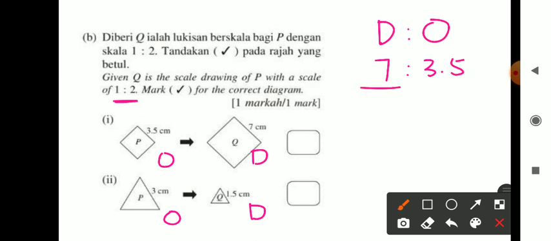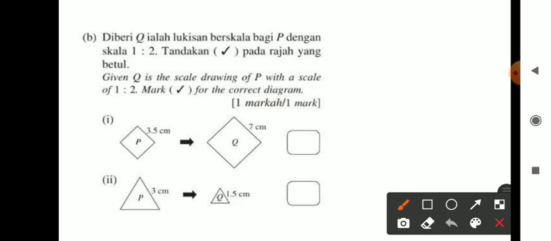Divide by 7, this is 1 to 0.5. So this is not the answer. If it is not the answer, you don't put a cross here, because the question says mark for the correct diagram. It doesn't say put a cross for the wrong diagram. So if this is wrong, this must be correct.